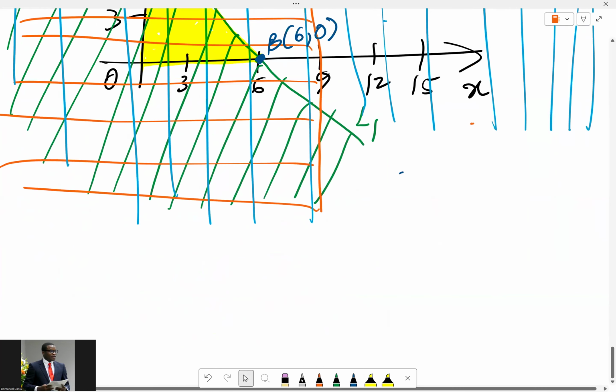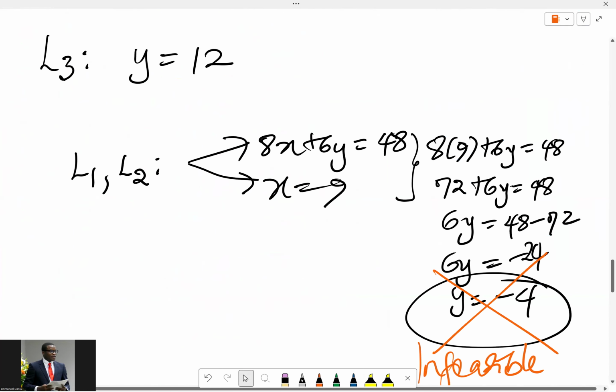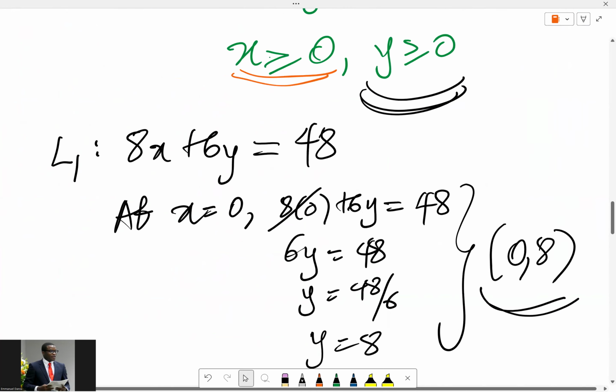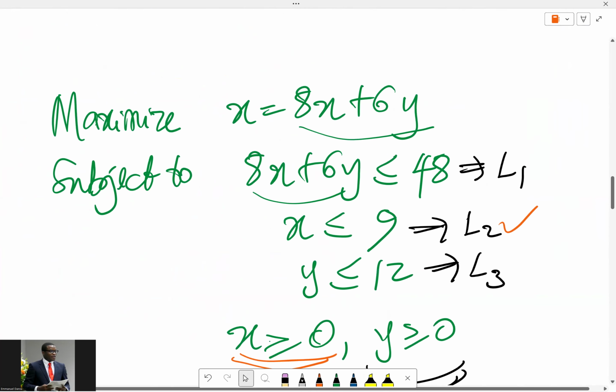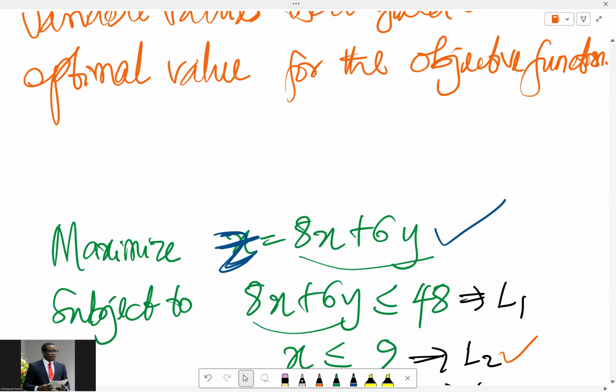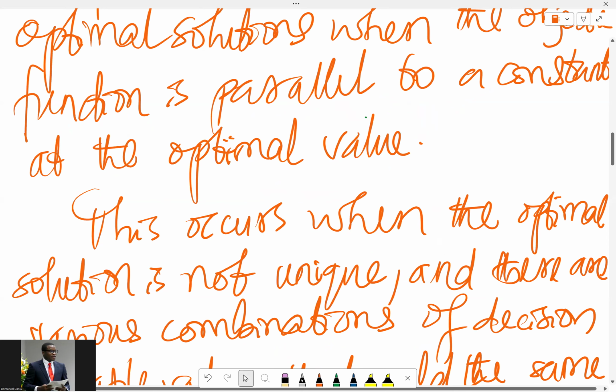So in this case now, we have to invoke our objective function. Sorry, this should have been Z, right? Our objective function Z, which is 8x plus 6y.